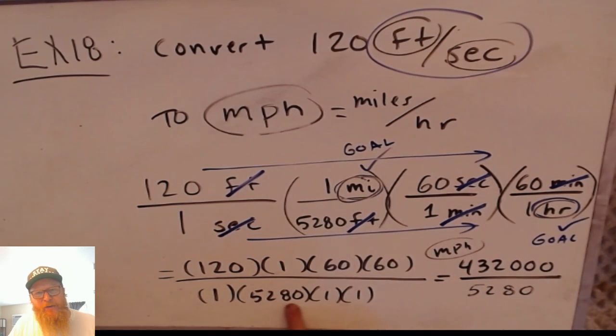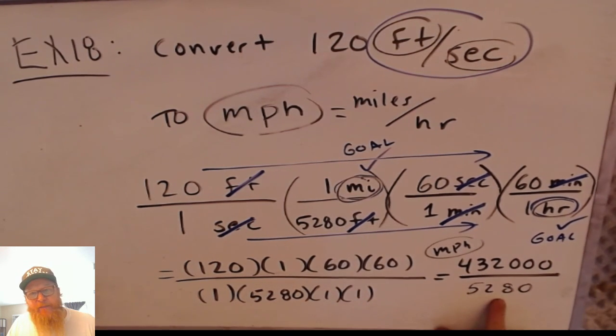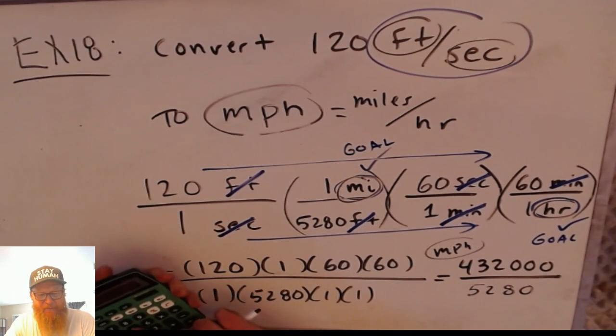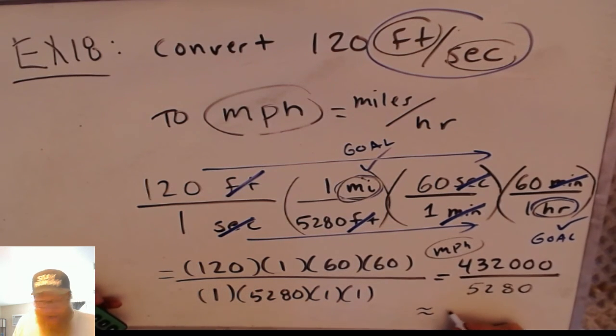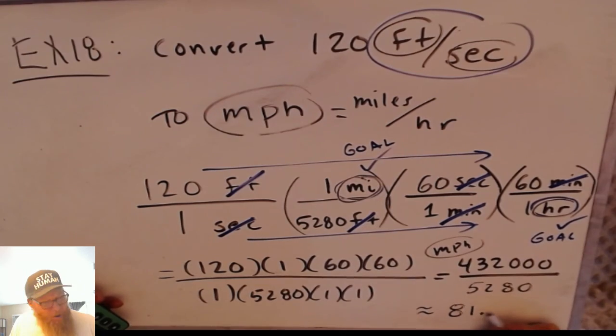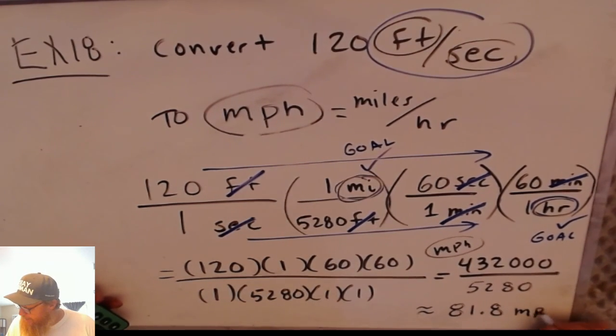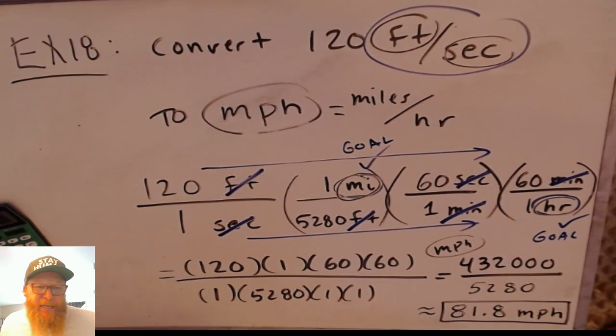Yeah, 5,280 times 1 times 1 times 1, still 5,280. So divided by 5,280 is approximately 81.8 miles per hour. Just round to 1 decimal place if necessary. Sometimes it comes out exact. You don't need to round, as we talked about before.